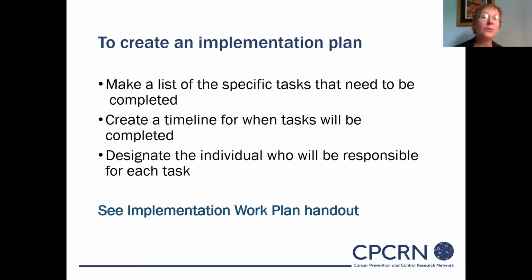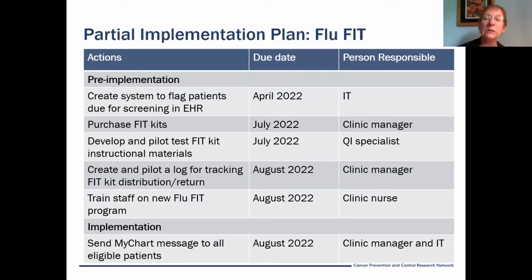Once you've done that, you can create an implementation plan, and this is all pretty straightforward. Make a list of the specific tasks that need to be completed, create a timeline, designate who is going to do what when. And again, we've given you a template for an implementation work plan that's in the handouts that Mary sent to you. And the next slide is an example of what that looks like.